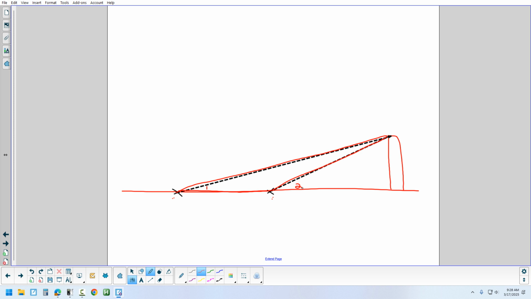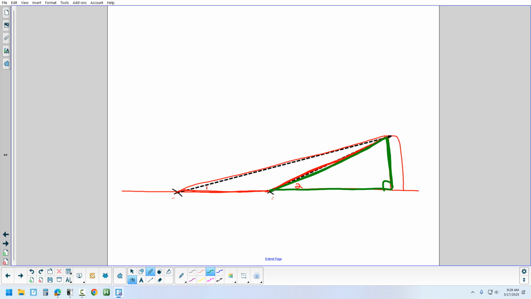Then I think what you have to end up solving for first is this side right here. Once you know that information, you have a right triangle, and then you can find the height of your right triangle. But you need a side first in the right triangle, and that's what the red triangle gives you. It will give you one of the sides.